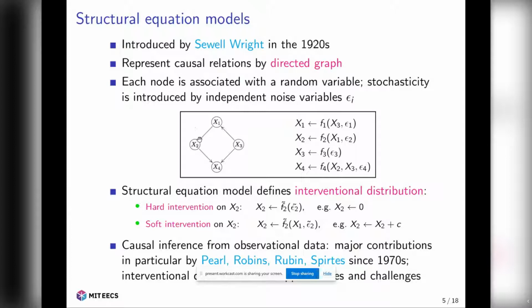So if I'm taking a gene and knocking it out, then all of the upstream genes have no effect on me anymore because I'm just set to 0, right? In some sense, I'm changing the graph structure. When I'm knocked out, there are no more incoming edges into me. That's known as a hard intervention, just going in and setting a node to a particular value.